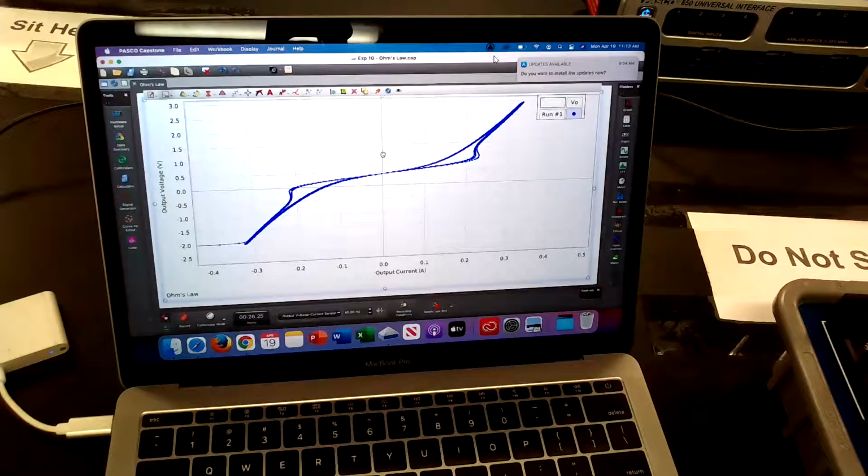The hysteresis is due to the fact that the filament is going to be warming up on the way up and cooling off on the way down. So temperature is actually going to lag behind the current. So we're going to get that hysteresis where the up does not match the down.